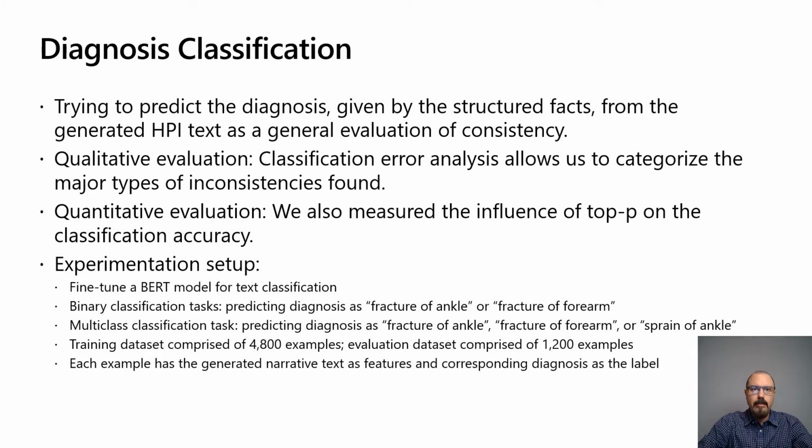We also designed a series of binary classification tasks where we have different parameterizations controlling the diversity in the generated narratives, allowing us to quantify the influence of that parameterization by analyzing the classification performance given by each model. And for all these classification tasks, the approach was to fine-tune a pre-trained BERT model for text classification.